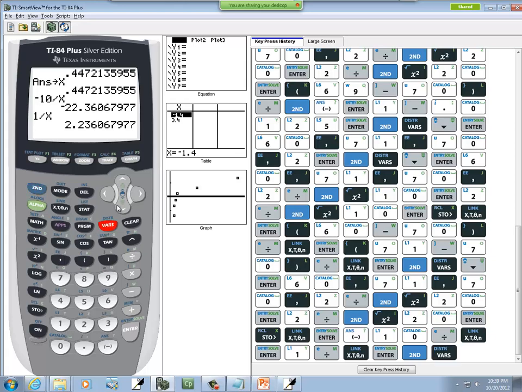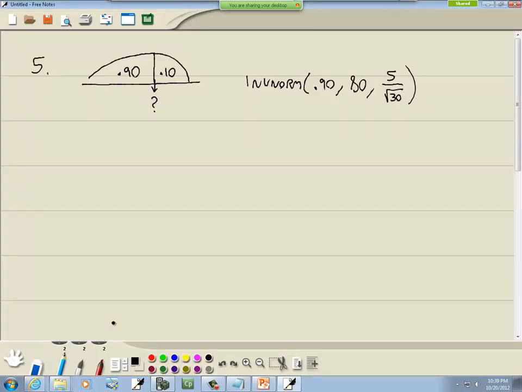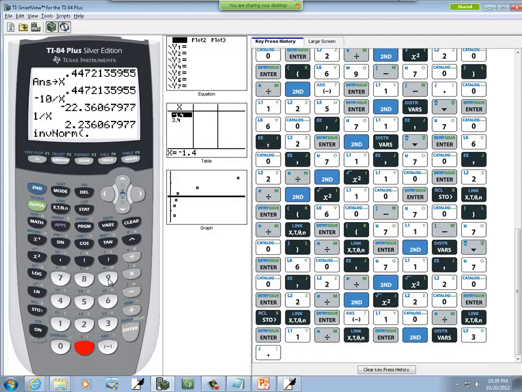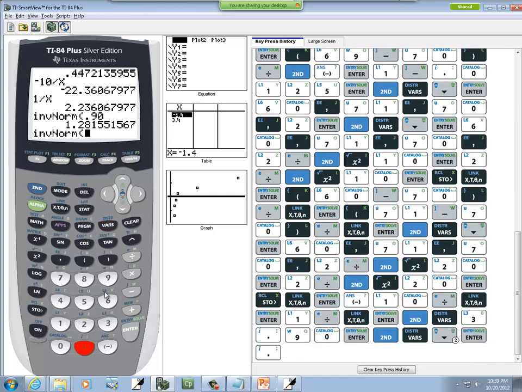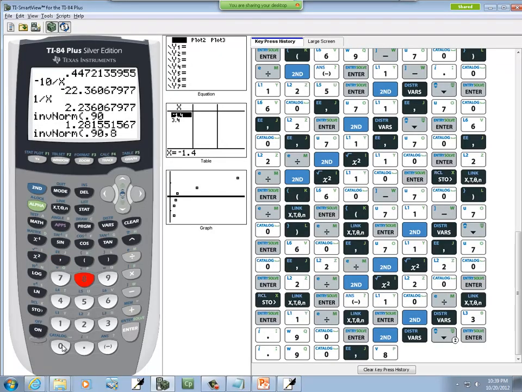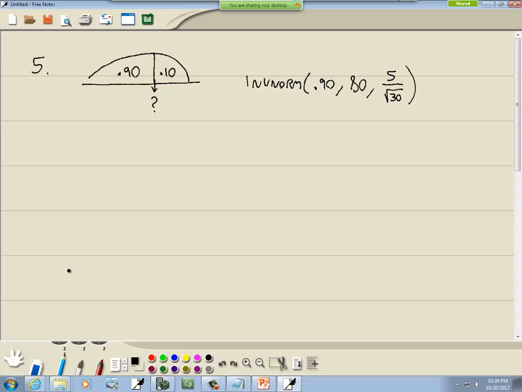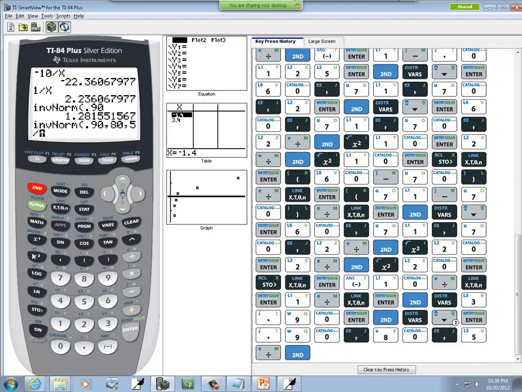Second bars, invNorm, 0.90. Brain shutting down. 0.90, comma, go eat some egg rolls, that'll revive me. 80, comma, 5 divided by square root of, what was it, 30?